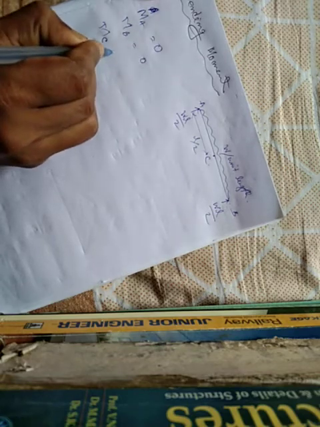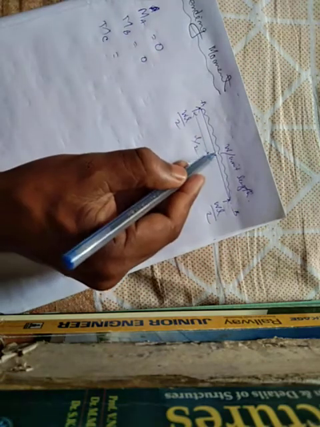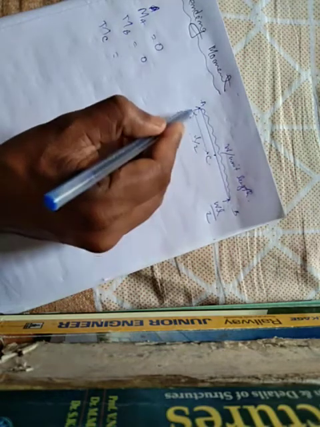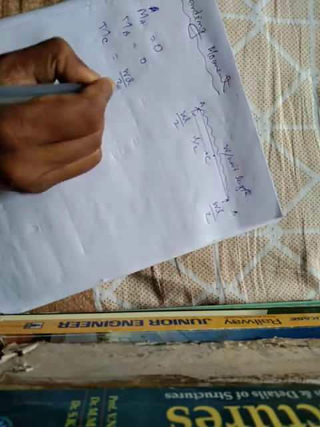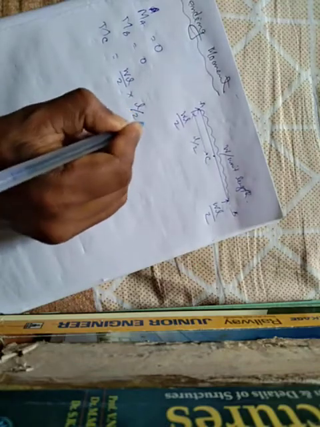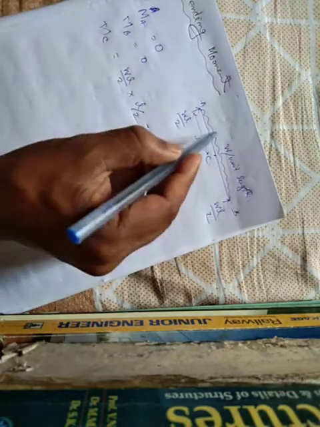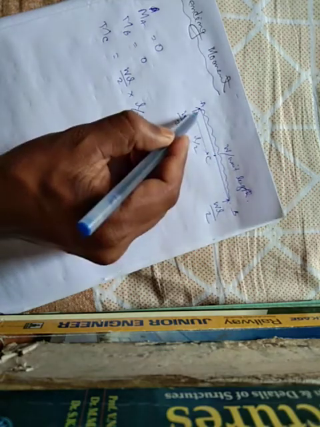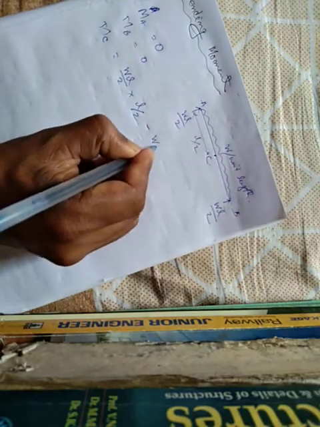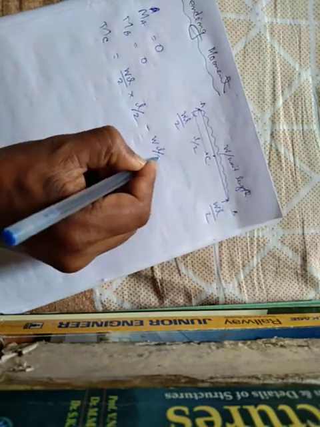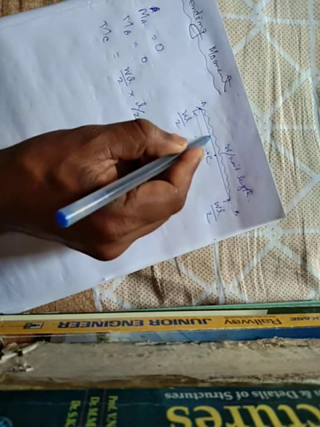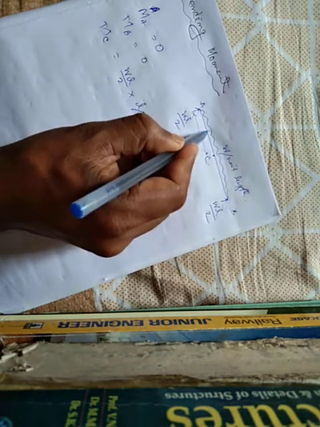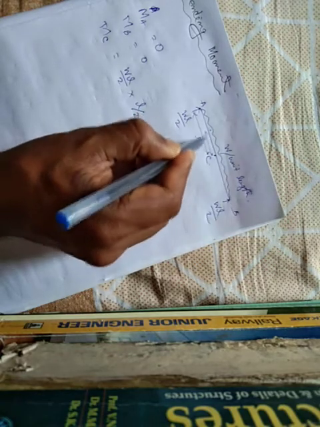Bending moment at point C is equal to what? Bending moment at point C is equal to reaction force WL by 2 into perpendicular distance L by 2, minus the uniform distributed load from point A to C, which is W into L by 2, into perpendicular distance from center to C, that is L by 4.